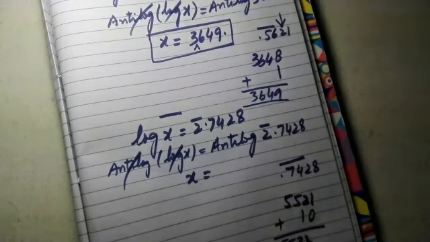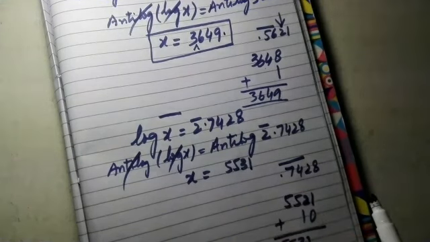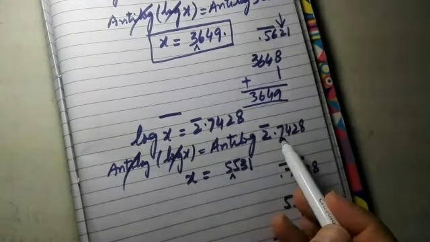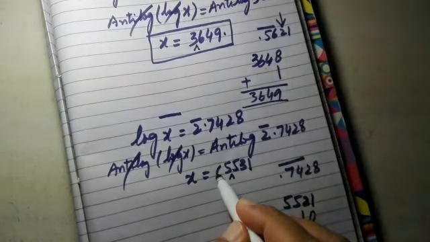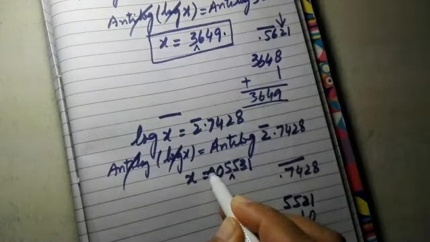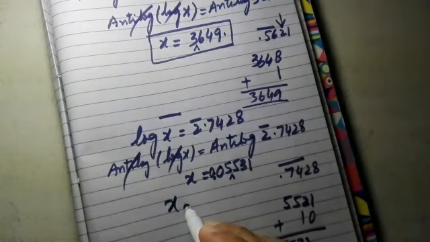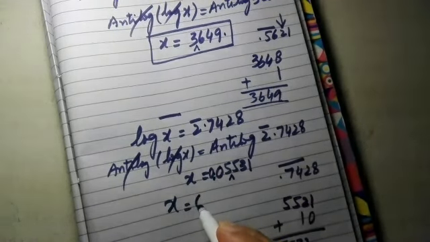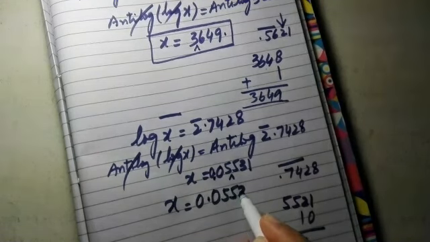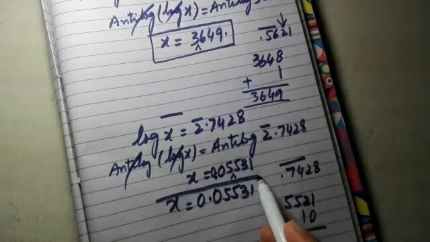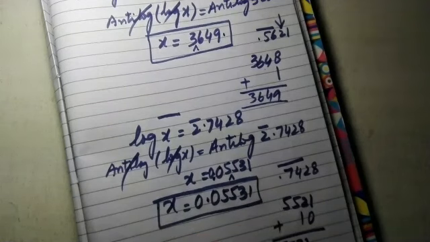So I will write 5531 right here, and I will place a cap sign. Because the characteristic is 2 bar, meaning -2, we will make two digits right here. We will place a point sign, meaning x will be equal to 0.05531. So this will be the value of x, for which the logarithm is given as 2 bar 0.7428.